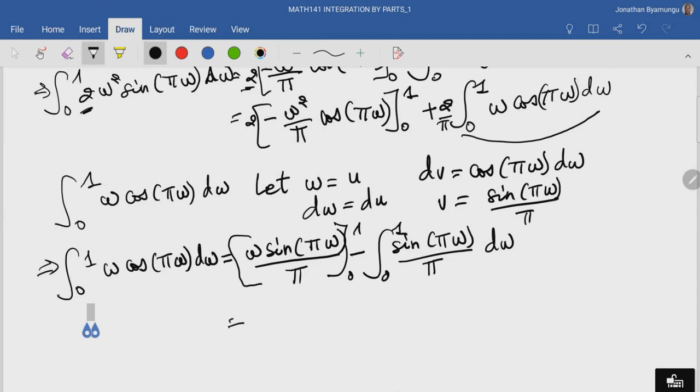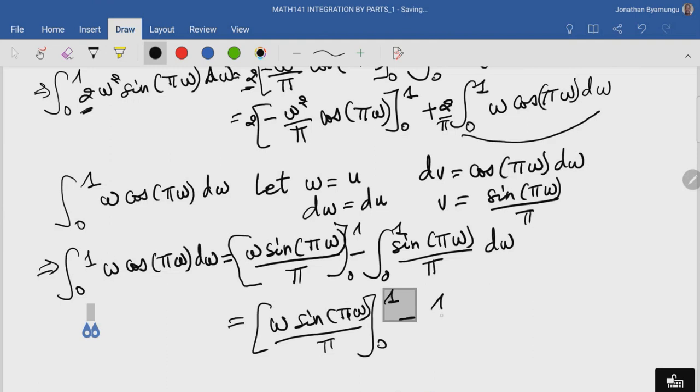This is equal to w sine of pi w divided by pi, evaluated between 0 and 1, minus, I can take out the 1 over pi, which is a constant, so minus 1 over pi, multiplied by the integral of sine pi w, which will just be negative cos pi w divided by pi, evaluated between 0 and 1.